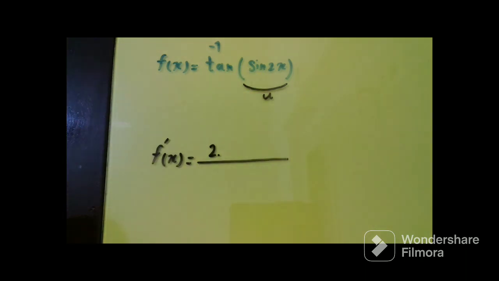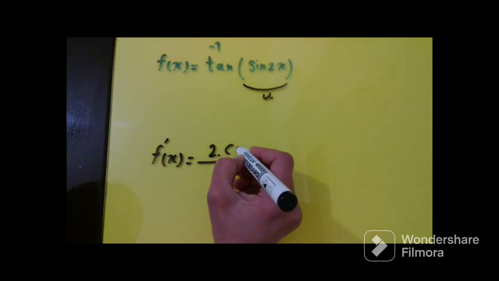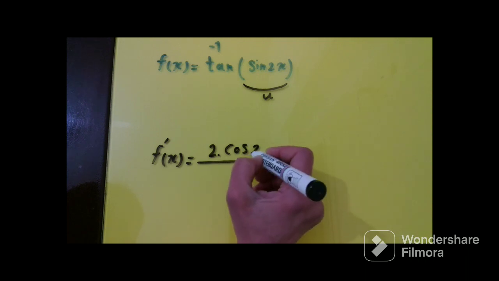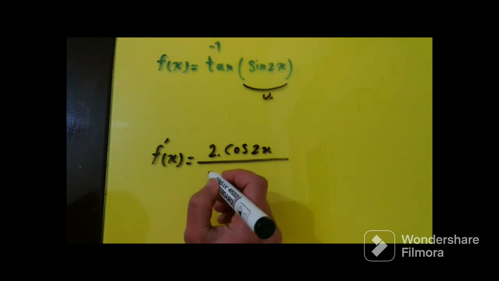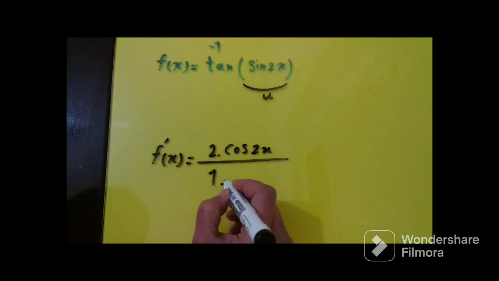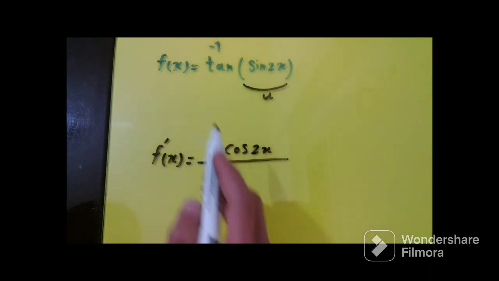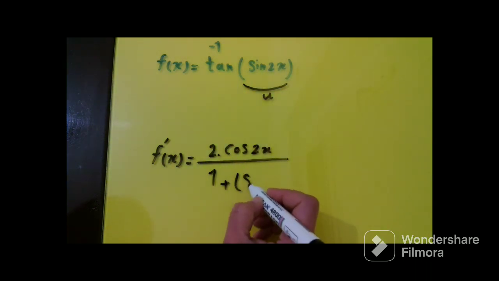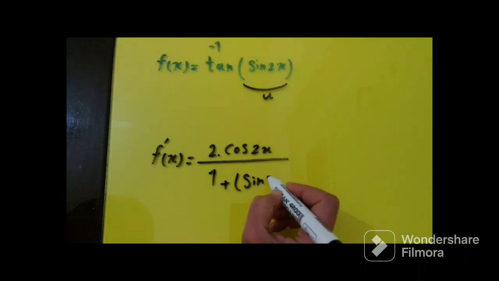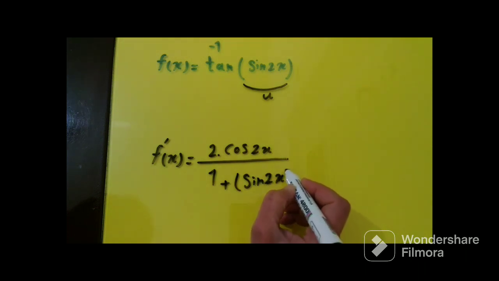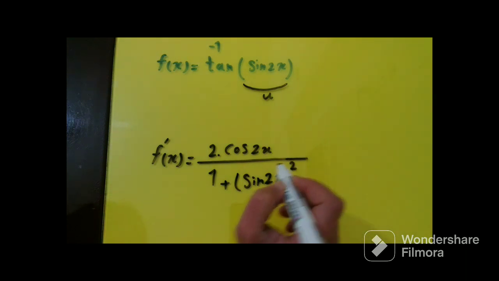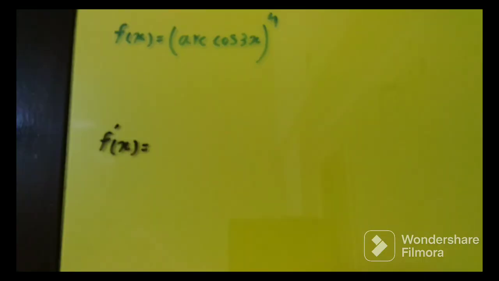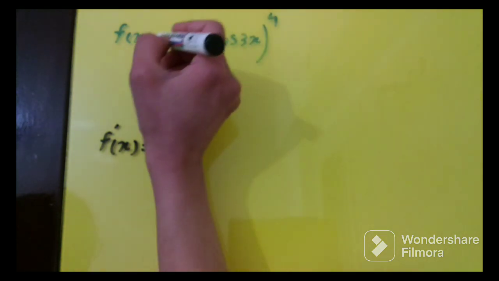The derivative of sine is cosine. And for down, you should put 1 plus u squared, sine 2x squared.